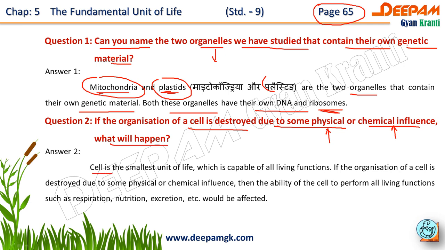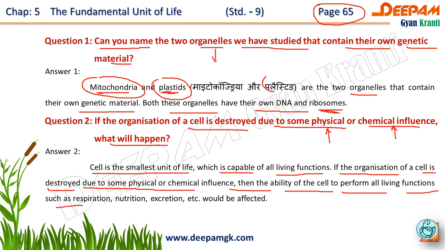You know that the cell is the smallest unit of life, and it is capable of doing all the living functions. If the organization of a cell is destroyed due to some physical and chemical influences, then the ability of the cell to perform all living functions such as respiration, nutrition, excretion, etc. would be affected.